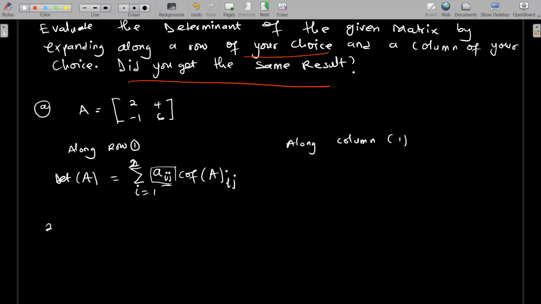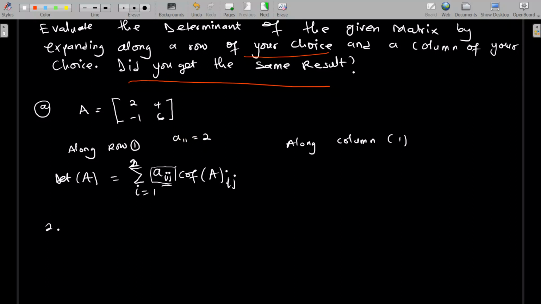What I wrote for n is the general term. If I'm going along the first row, I'm looking at these 2 elements, 2 and 4. So 2 times the cofactor. 2 is at the point a11, row 1, column 1.